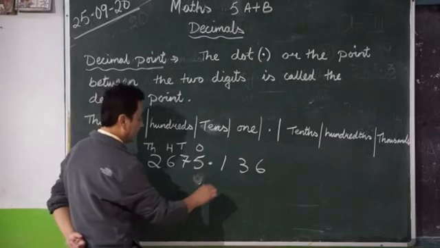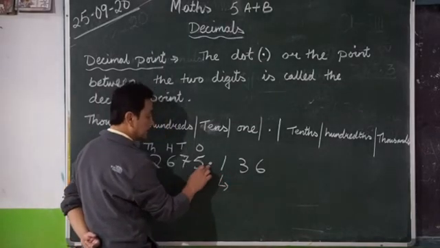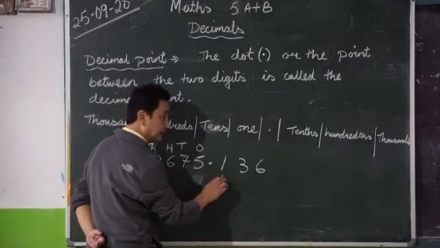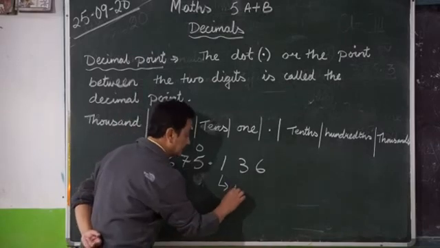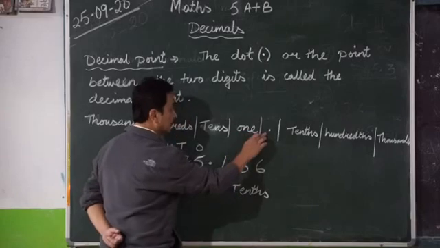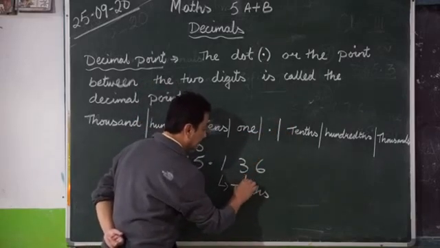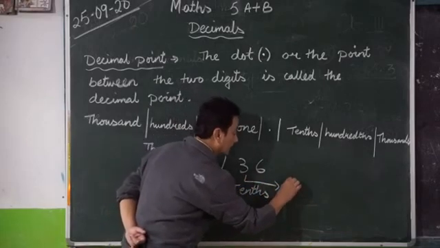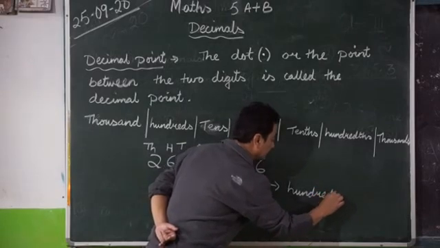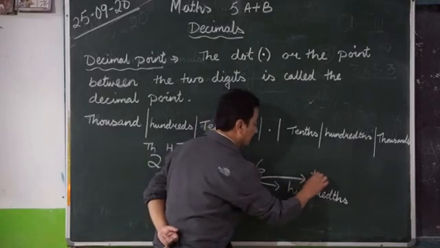2,675. Now, the numbers that come after the decimal point, this is the decimal point, the first one begins with not ones but tenths, T-E-N-T-H-S. Just like here. After decimal point, tenths. Then it is 3 hundredths, and this 6 thousandths.